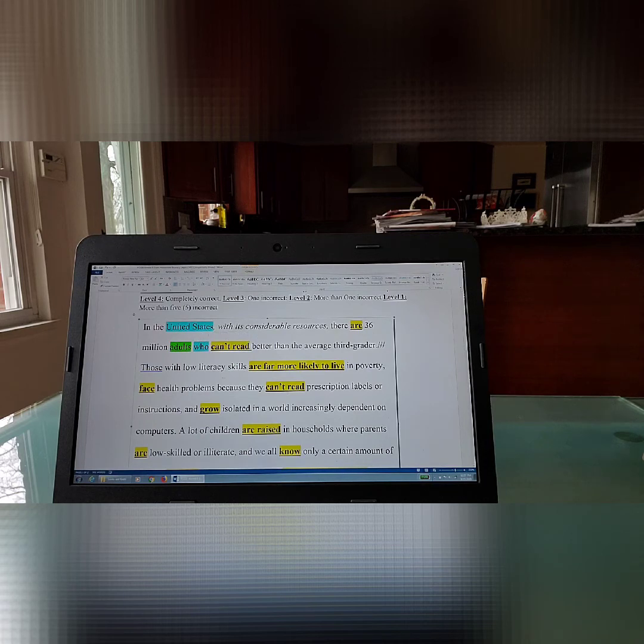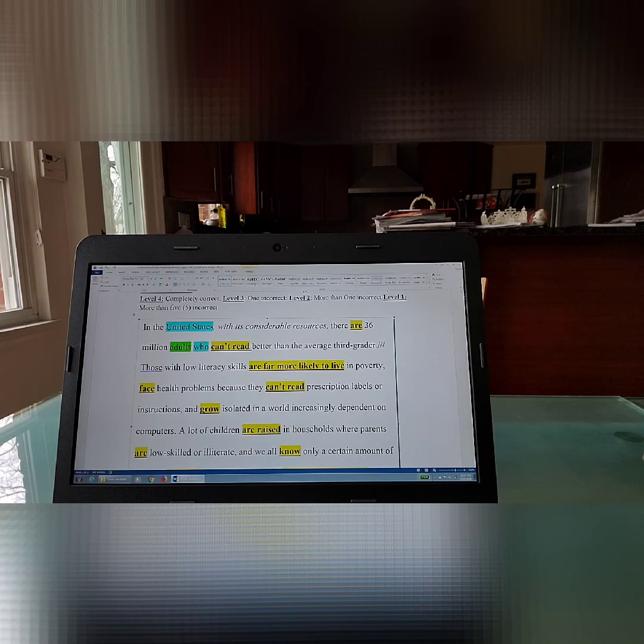So the adults can't read, right? So the adults are the ones who can't read. And then it says better than the average third grader. Okay. So that should be enough for the first sentence to help you translate that into your own words.